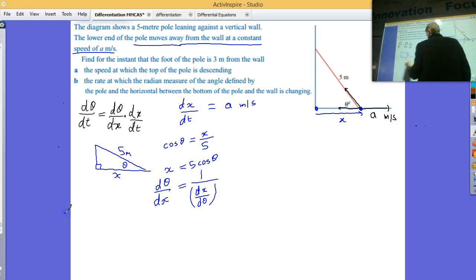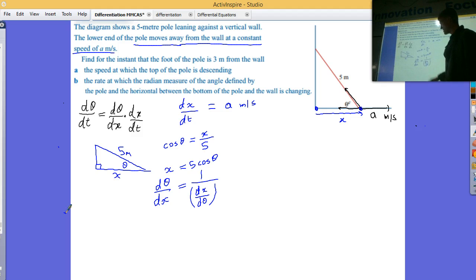The derivatives between the two are just reciprocal relationships, because if I think of these as a fraction and do 1 divided by a fraction, then multiplying by the reciprocal just flips the fraction upside down. The numerator becomes the denominator, and the denominator becomes the numerator. So if I work out dx/dθ from this given rule and put it in a denominator as a reciprocal, I'm going to get this expression.